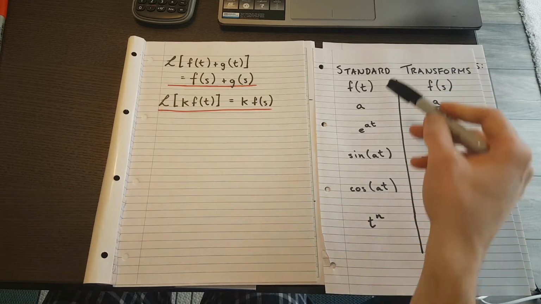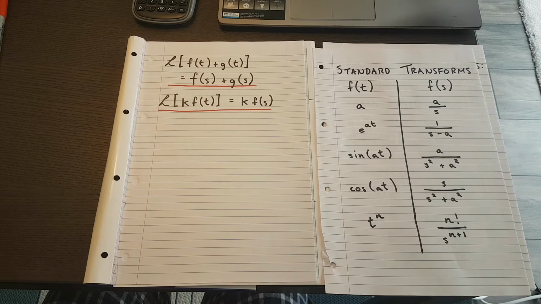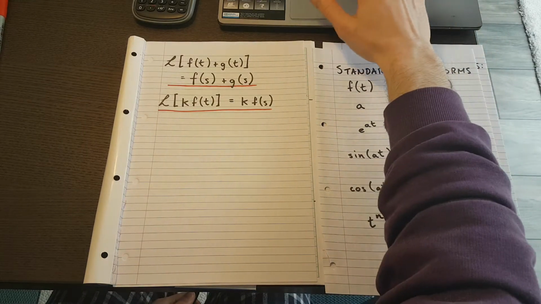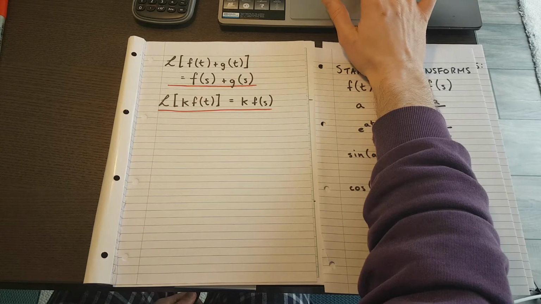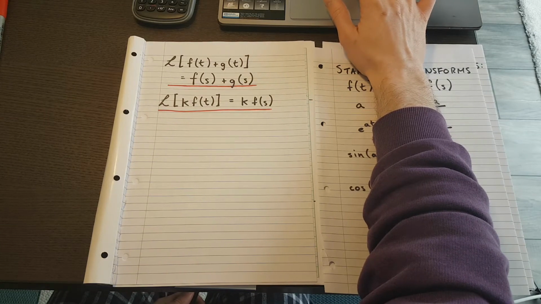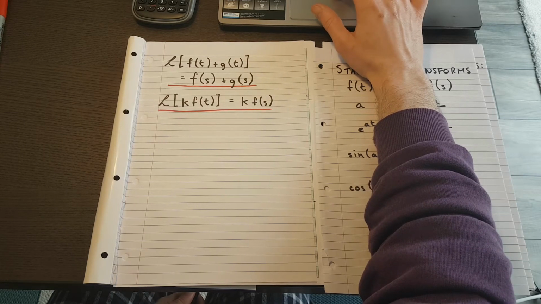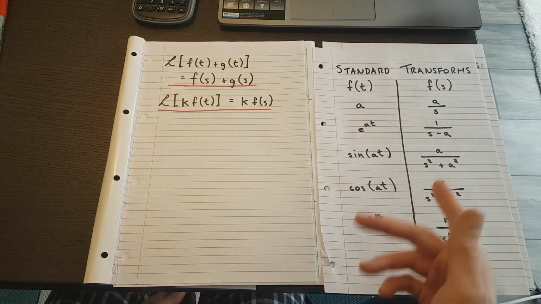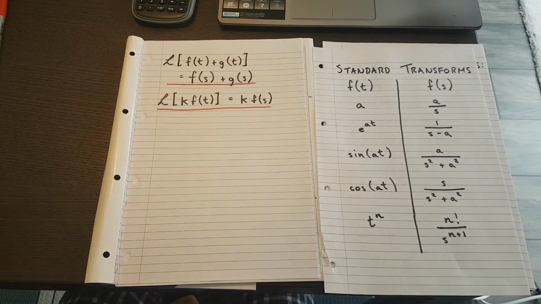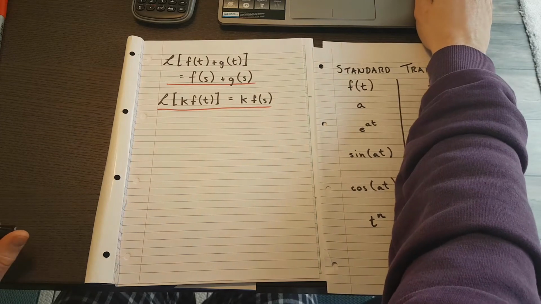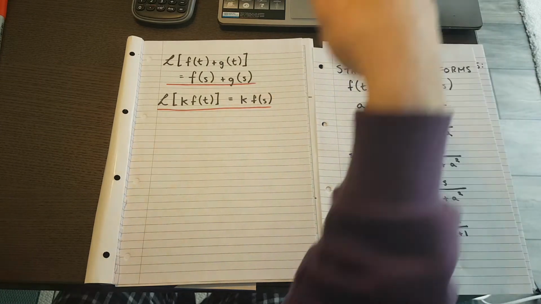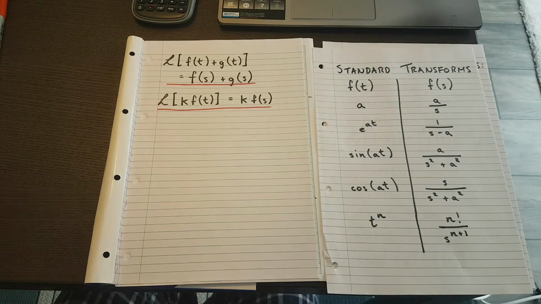So anytime I have a complicated expression, something that involves a sum or possibly a constant multiple of terms, that's really no difficulty. All I need to do is just use my table and these two rules here, and I'll be able to figure out what the answer is supposed to be. Okay? So let's do a couple of examples here.